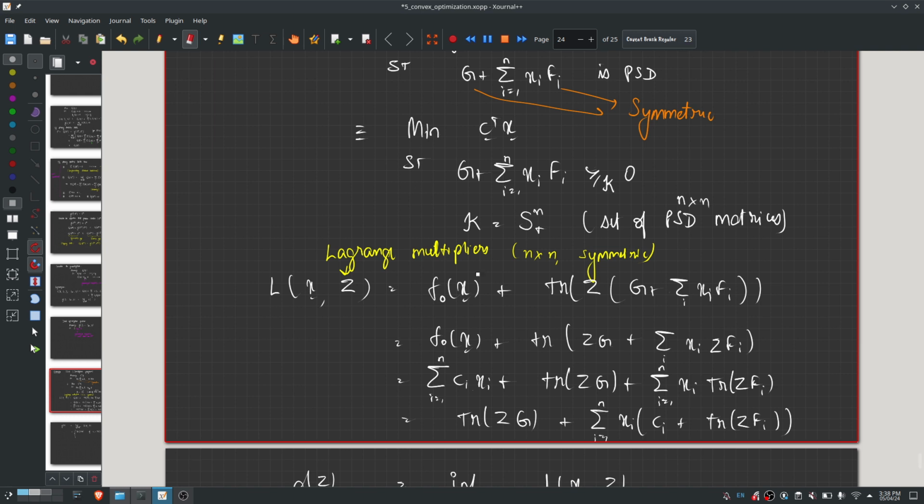So in fact, all of these should have been negative signs, because I would have minus g minus the summation, which should be less than or equal to 0.